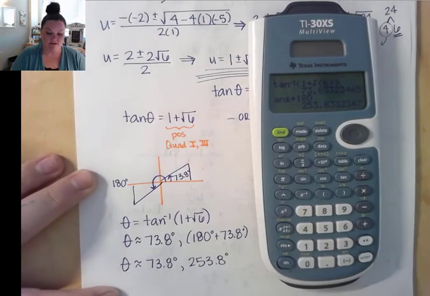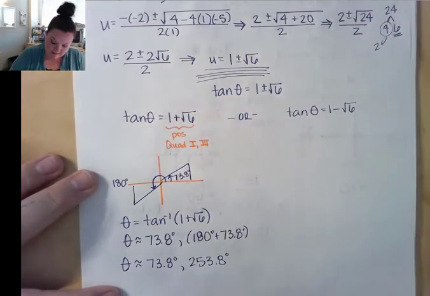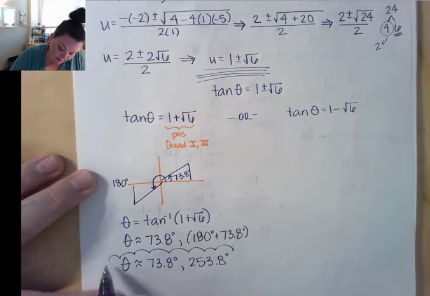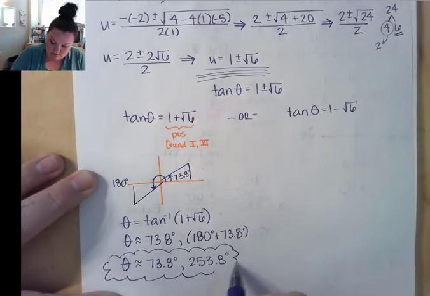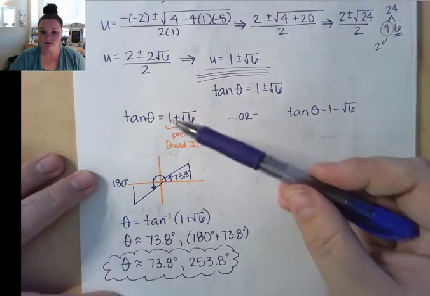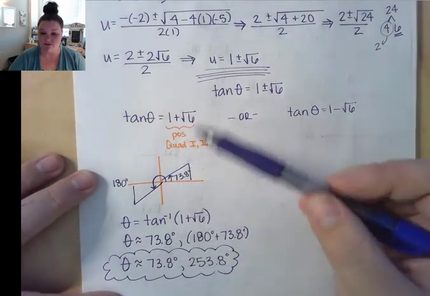Okay, so these are the two angles that solve this first option, for our positive tangent value.